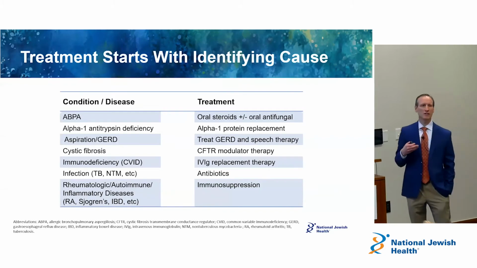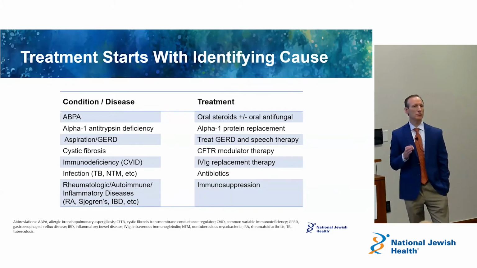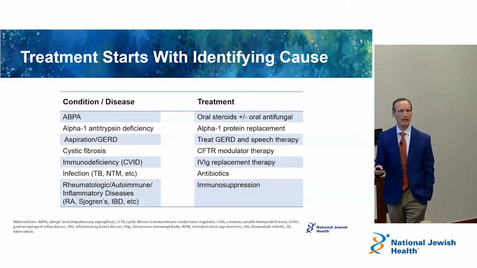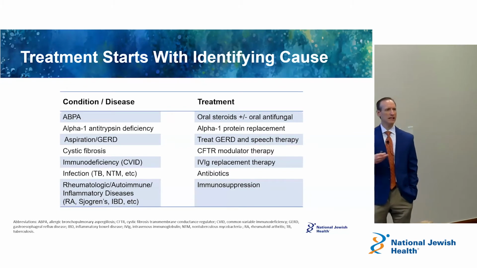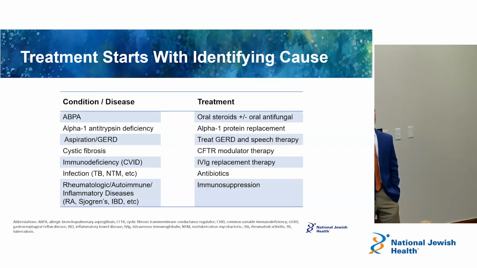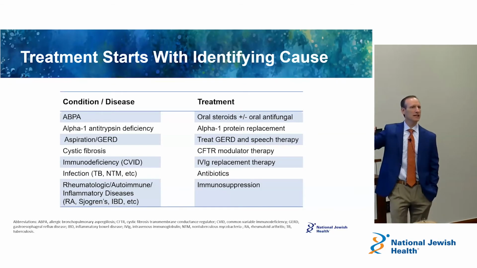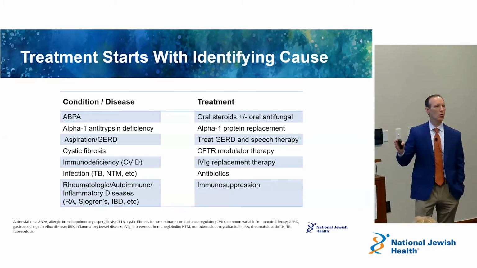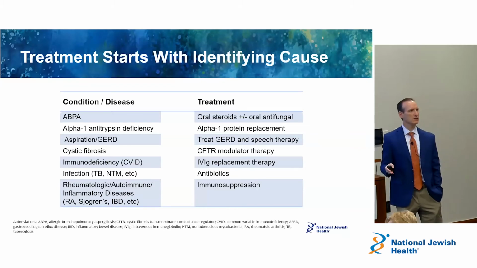The reason that it is important to know the cause of bronchiectasis if we can figure it out. And why do I say if we can figure it out? It's about 40% of the time, despite doing all of that we just highlighted, those labs and the breathing test and the CAT CT scan, 40% of the time, we don't know why the patient has bronchiectasis.